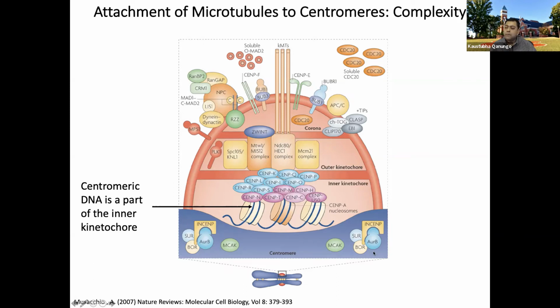This stands for Aurora B kinase, which is also responsible for this attachment of the microtubules and the movement of the chromosome, and the interaction with the corona, outer, and inner kinetochore. So really nothing much is required from this, other than seeing how complex that system is. We're just looking at this for the purpose of appreciation mainly.